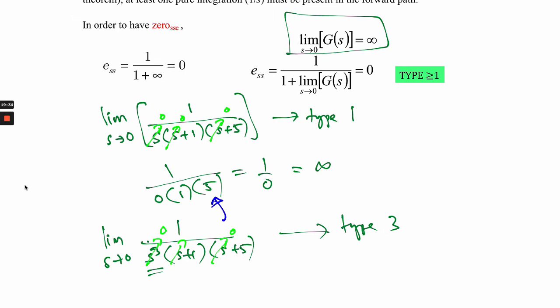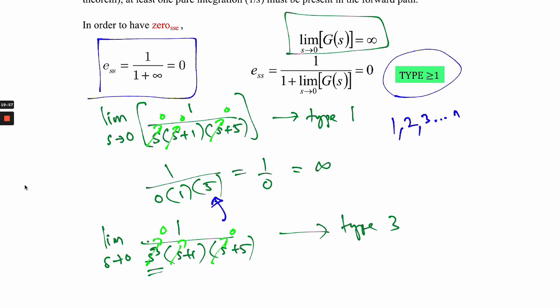So we can summarize that for a system of type greater than or equal to 1, meaning 1, 2, 3 up to n, the limit as s approaches 0 of G(s) equals infinity, and it will give you a steady state error equal to 0.